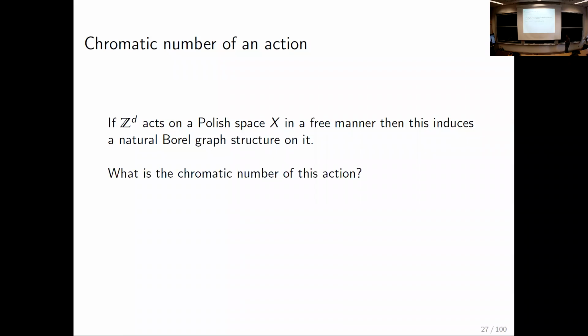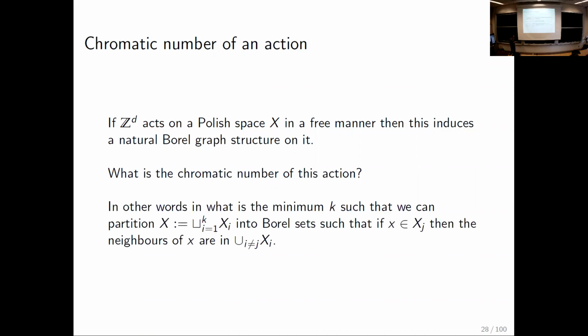And the question that we want to ask is, what is the chromatic number of this action? How this relates to the question of embeddings is something I will come to eventually. But there is a relationship between them.